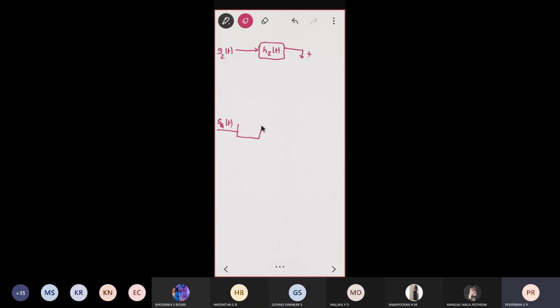When you pass it through HI of t, it gives another term, and the same SI of t, when you pass it through another filter having its response as HQ of t, what are you going to get?